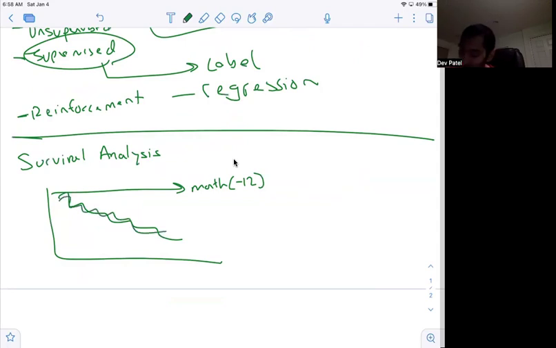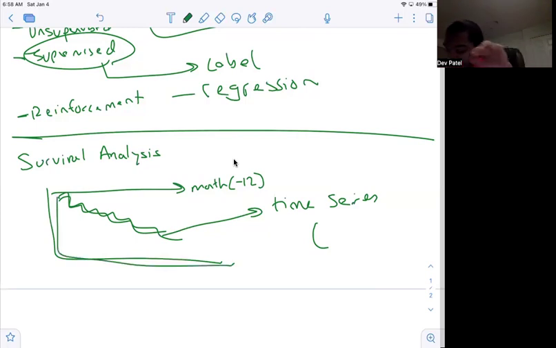Now you can approximate this using a time series, where you're just using historical data, or there could be some other situational factors that are also going on that influence the decline in survival probabilities. So you can either use a time series model to model this, or you can use some other piece of information if you have information on market trends, or if you have information on certain customer demographics, they may also influence this survival curve.